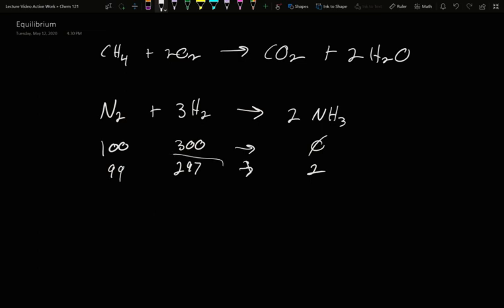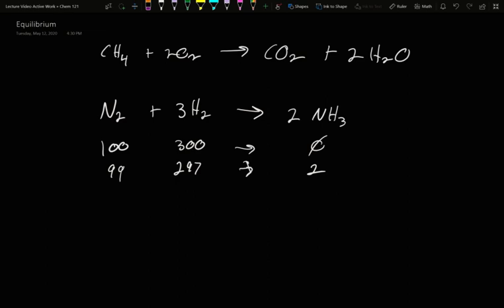And while your nitrogen and hydrogen could keep doing this, the moment I have 2, I could go backwards. What you have here is a situation where you have 2 different reactions, a forward reaction and a reverse reaction.